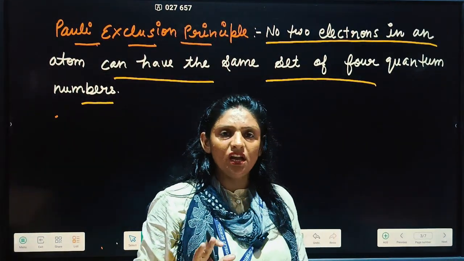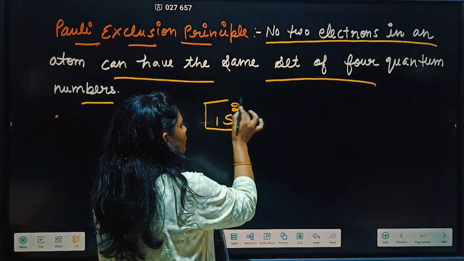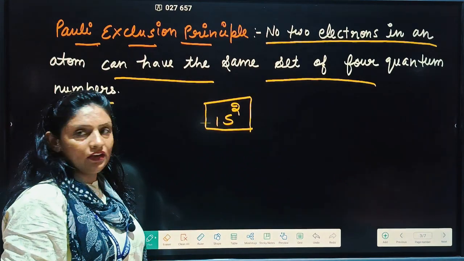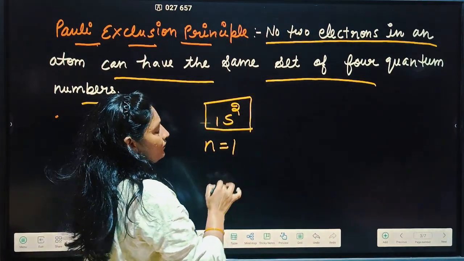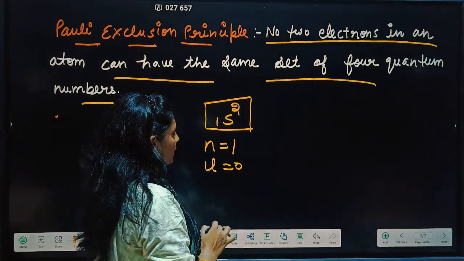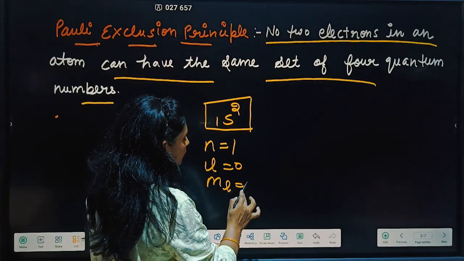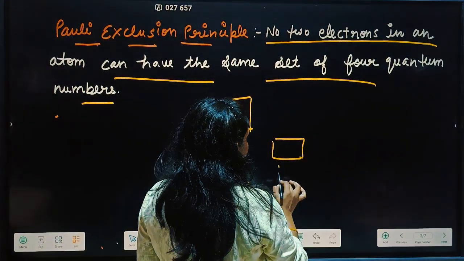in the same orbital. For example, if I have 1s2, you know very well the value of n is 1 for both, and the value of L is 0, so the value of Ml is also 0. But how can we fill these two electrons in 1s?